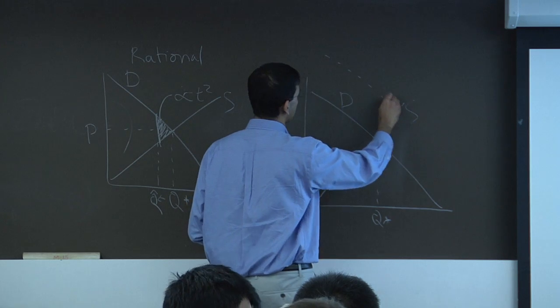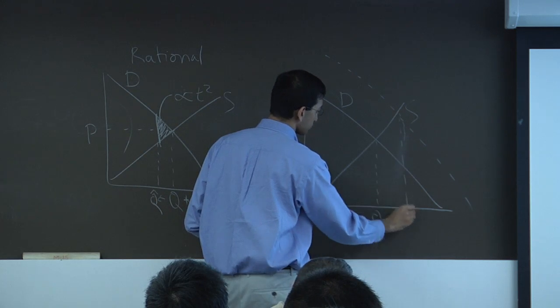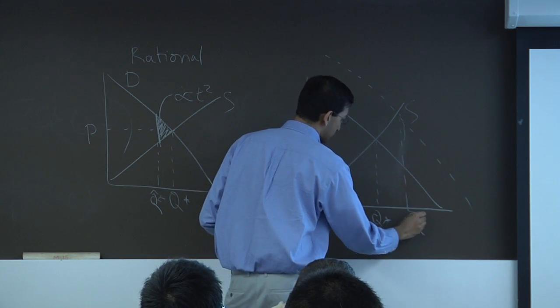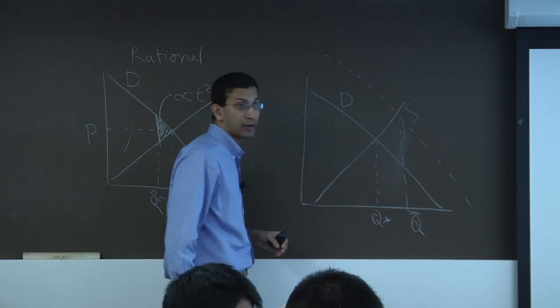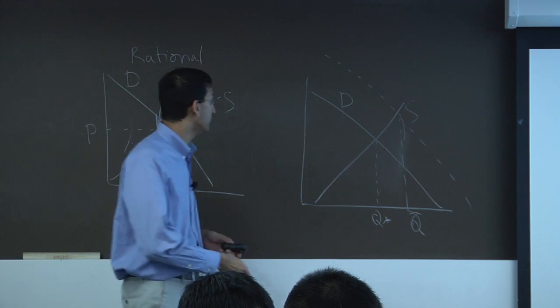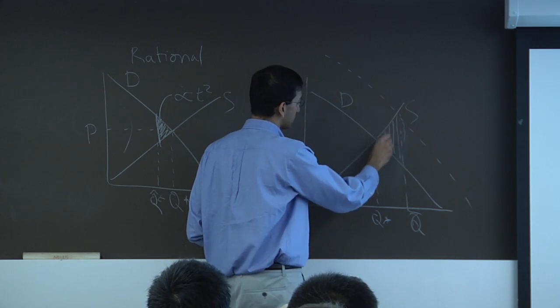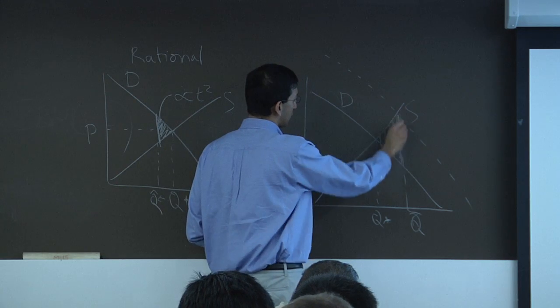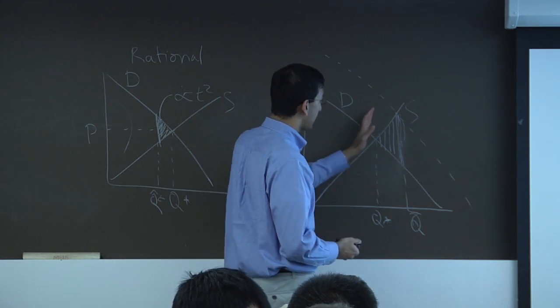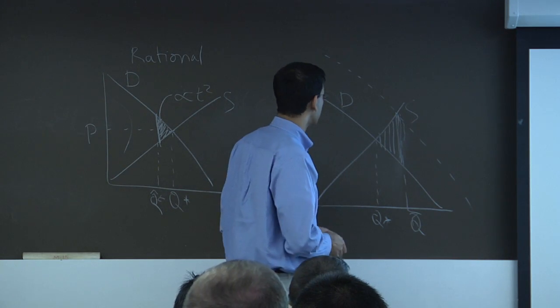So now their actual demand curve is out here, and they're consuming some Q bar, which is too high, okay? And that leads to a different kind of efficiency cost, which is given by this triangle here, which is the fact that they are consuming beyond the point where they're generating surplus, right?